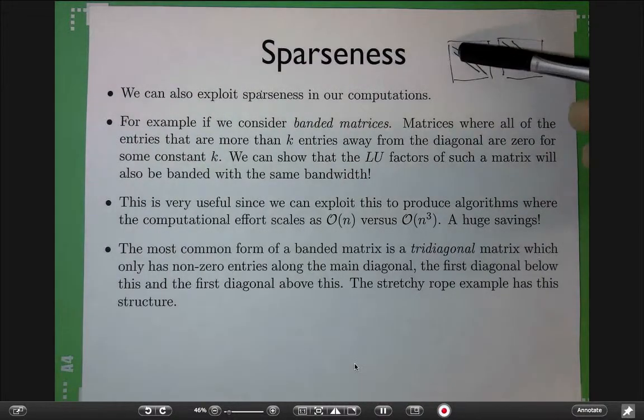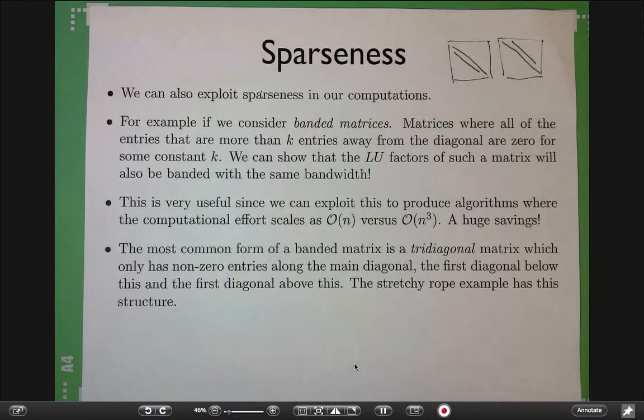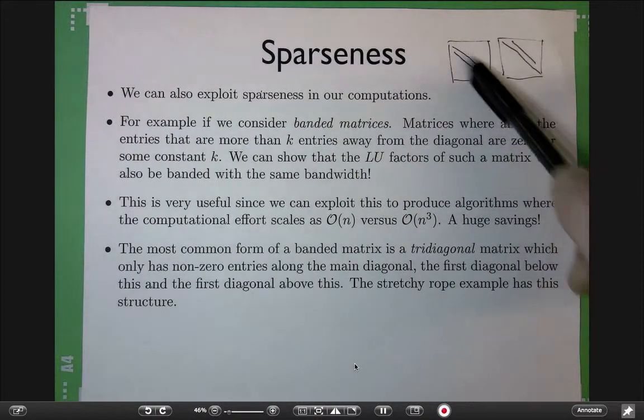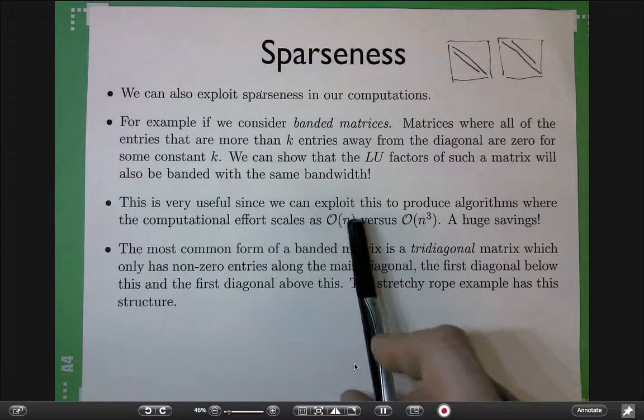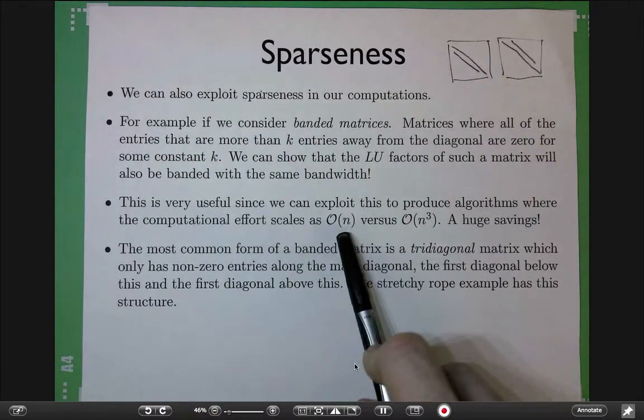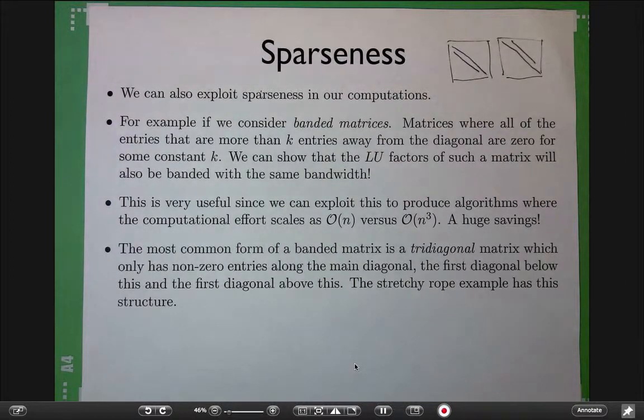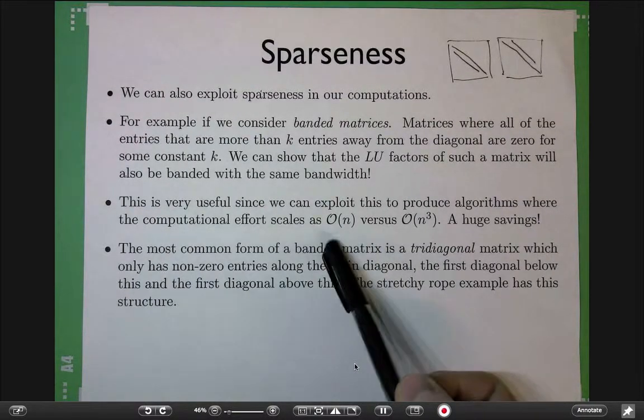So to eliminate it, I just need to do one sweep through the whole thing. The back substitutions, again, will just take one sweep to have a linear time algorithm. So this is incredibly faster. Doing this for 1 million vertices, if you want a really precise rope, if your life will be hanging on it, you want to do as precise a simulation as you want, you can use 1 million vertices, no problem.